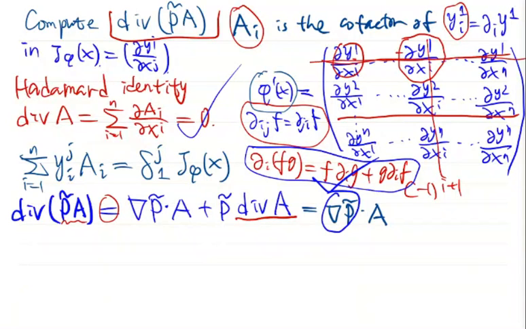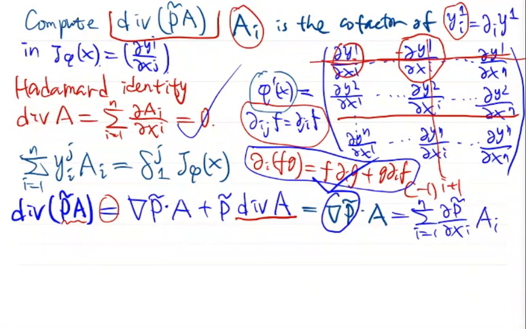So this is the sum over i from 1 to n of the partial derivative of P tilde with respect to xi multiplying the ith component of A, that is ai. The inner product of two vectors is the sum of the corresponding multiplication of the components.